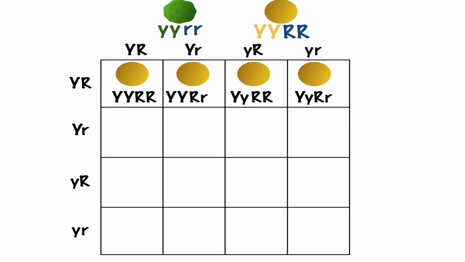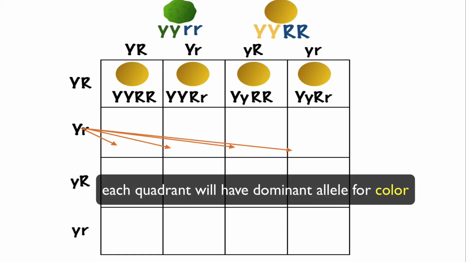Now, let me show you a quicker way to do this. Instead of going one by one, let's take a look at this particular row right here. I notice here that I have heterozygous, I have a capital Y and a lowercase r. So what do we have to contribute in this row? In this row, all of them are going to have a capital Y. Since I know they're all going to have a capital Y, I know that they're all going to be yellow.